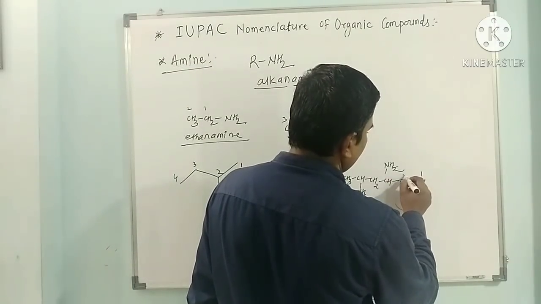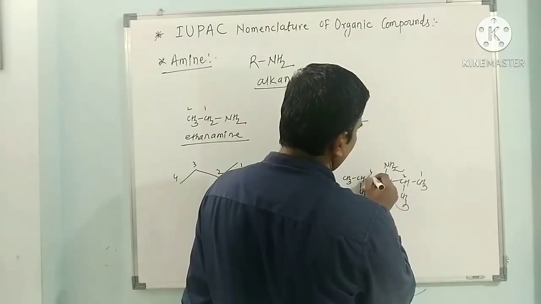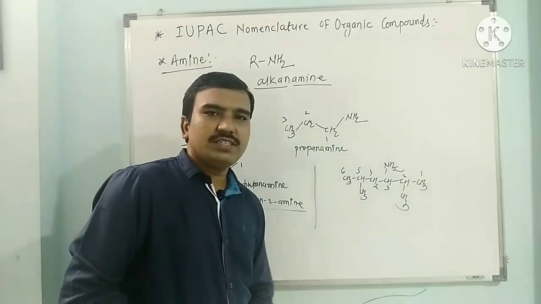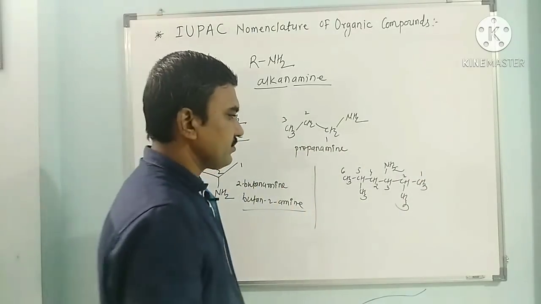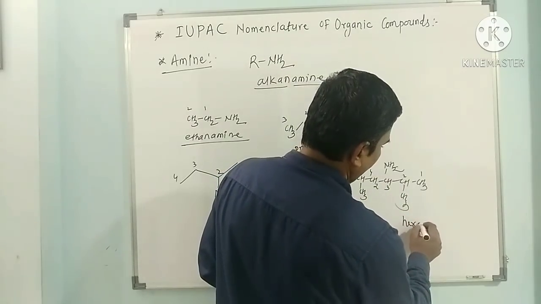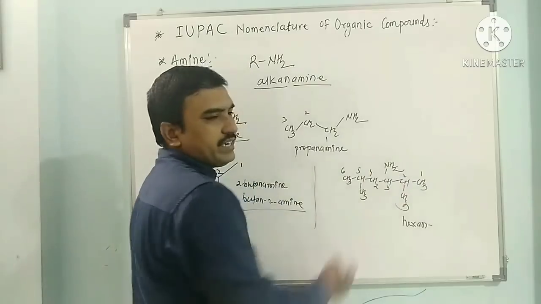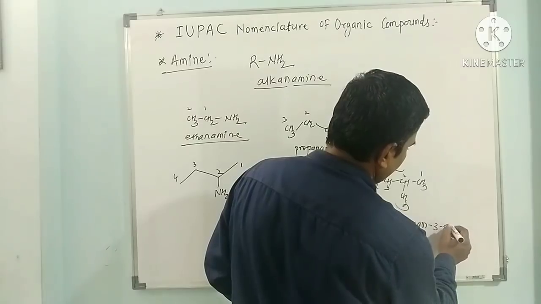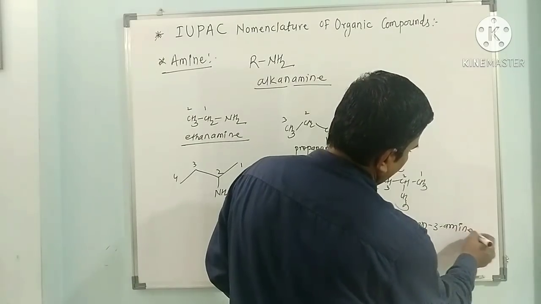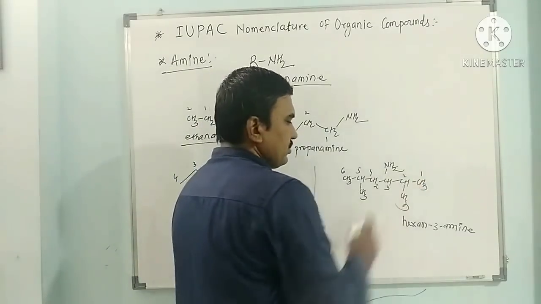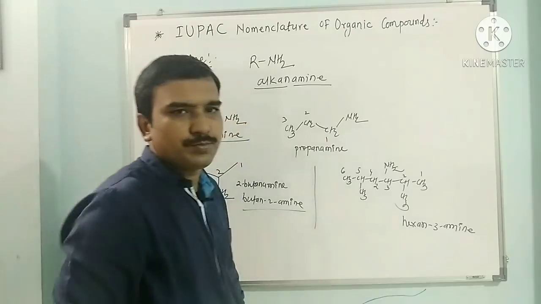So this is 1, 2, 3, 4, 5, 6. How many carbons here? 6 carbons are present, so it is hexane, 3-amine, amino group attached to the third carbon. But here a methyl group is attached to the second position and this methyl to the fifth position.